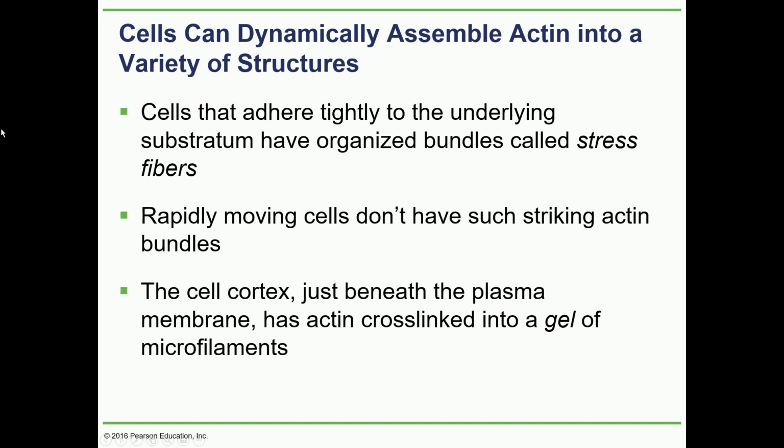Now let's look at some of the structures where filaments are involved. Cells that adhere tightly to the underlying substratum have organized bundles called stress fibers. The cell cortex just beneath the plasma membrane also has actin cross-linked into a gel of microfilaments.